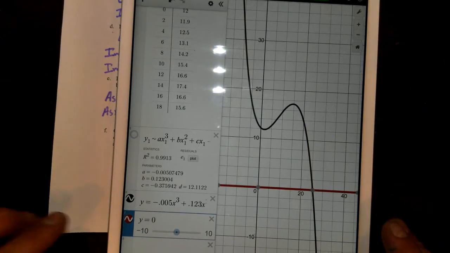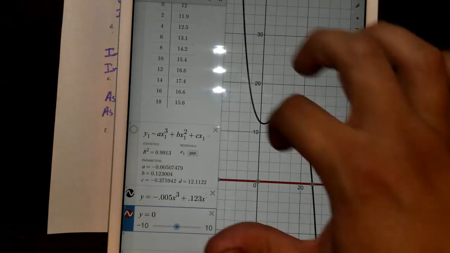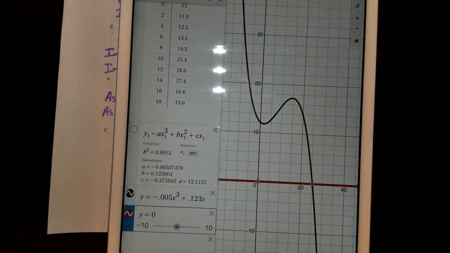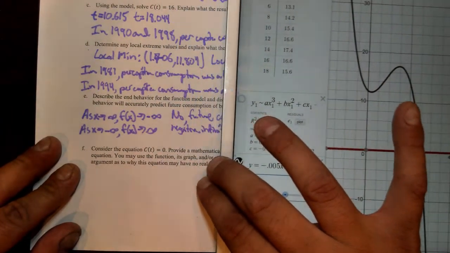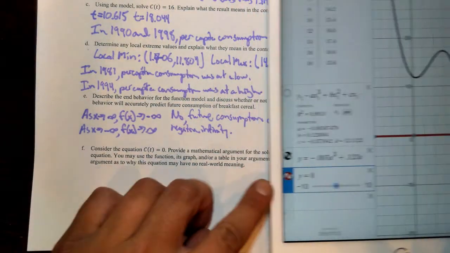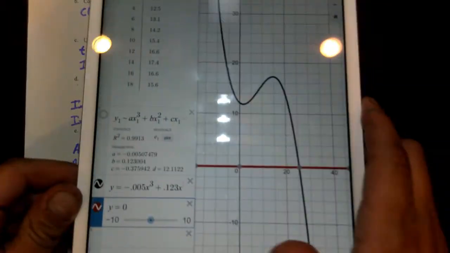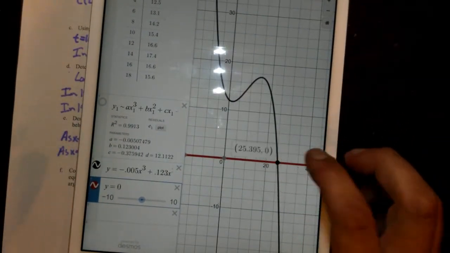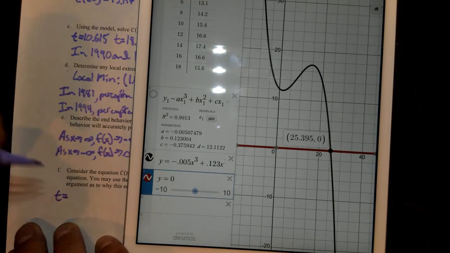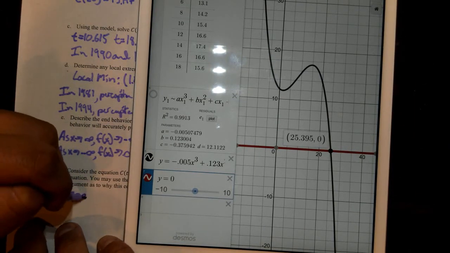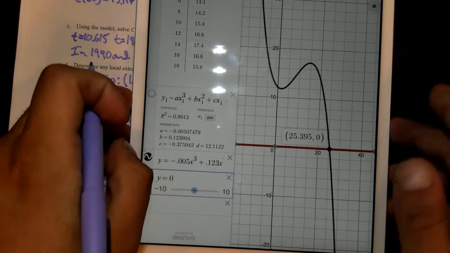I have our model in the black, and then C of t equals 0 in red. So the solution is just where they intersect. So in this case, it's when t equals 25.395. So that's our solution.